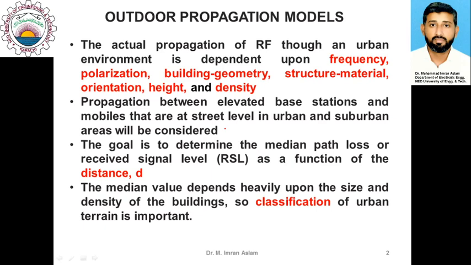In most cases, for deployment of our wireless systems, the base stations are generally elevated. So we typically have a base station height which is relatively large as compared to the street level or building levels in an environment, whereas the mobiles work at human height, or you can take it as street level for propagation modeling.